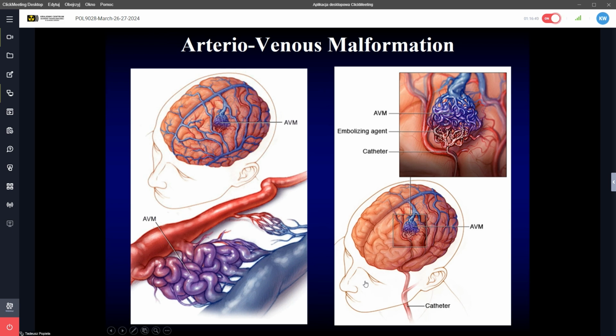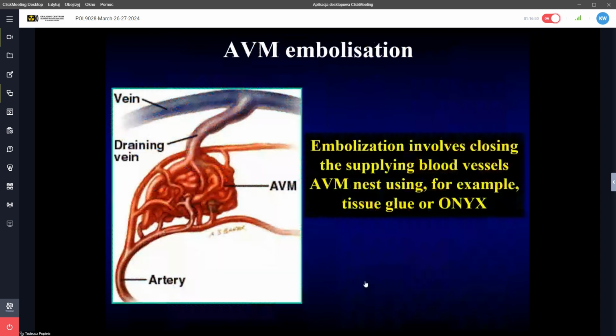You must go as deep as possible into this malformation and introduce via microcatheter a liquid embolization material, which is usually tissue glue or Onyx. Professor Warecki also mentioned that.